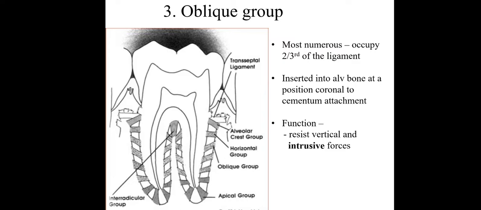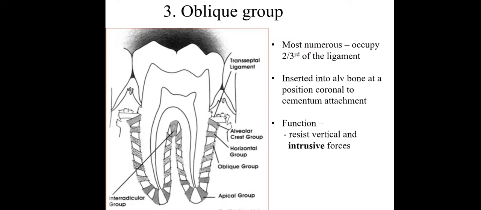The most common type of vertical force which befalls on the tooth surface is masticatory load. Every time tooth to tooth contact occurs, there is a masticatory force which falls vertically onto the tooth surface. So as you can imagine, oblique group fibers are the fibers which prevent most of the movement of the tooth.